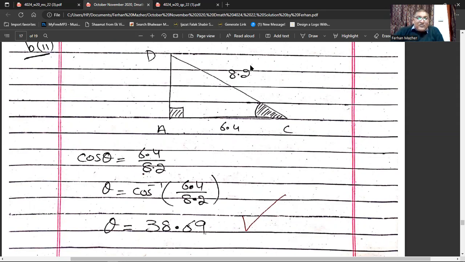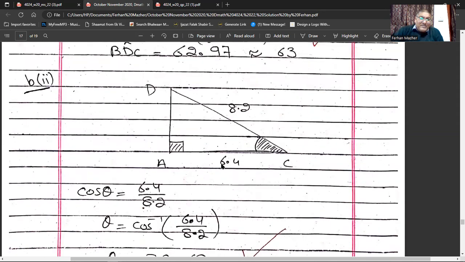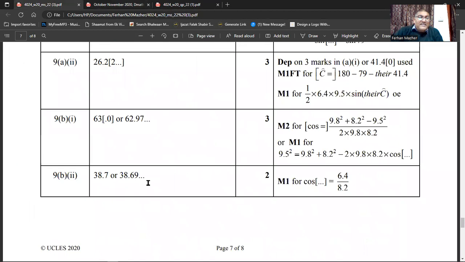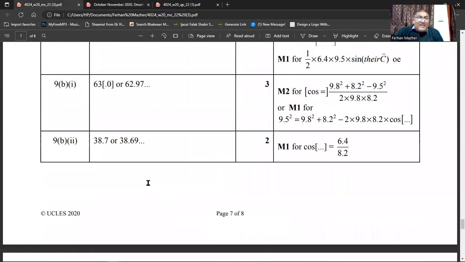In ADC, this is 6.4, this is 8.2. So theta will be equal to the cos inverse of 6.4 divided by 8.2, bracket close. So that will be 38.69. So the angle of elevation of D from the sea will be 38.69. So our answer is right.